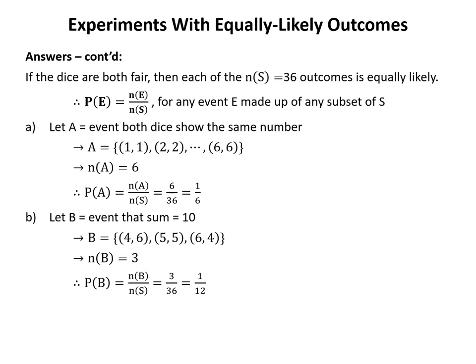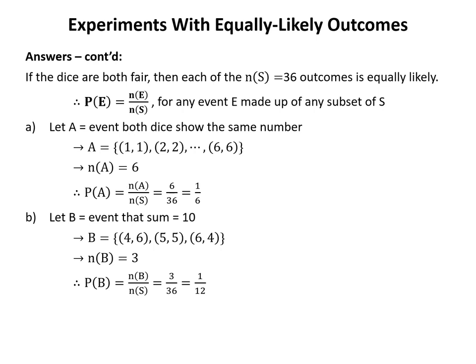So in part A, if we define A as the event that both dice show the same number, we can see then that the elements of A are all the possibilities 1 and 1, 2 and 2, etc., all the way through 6 and 6. And clearly we can see that there are 6 such outcomes.